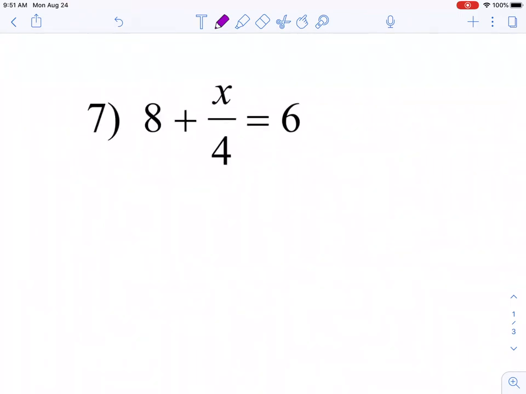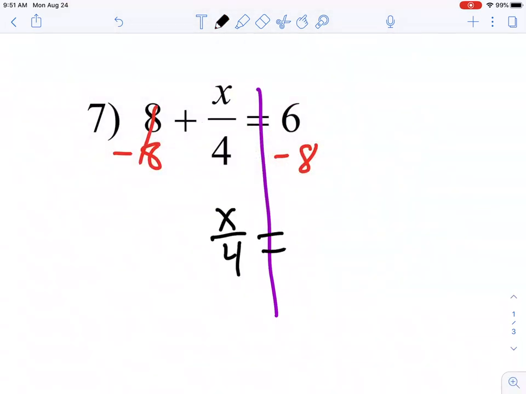Number 7 is a 2-step equation, which means we have 2 steps in order to get x by itself. In the first step, we need to subtract 8. Those cancel out, so that x divided by 4 is equal to, follow our sign rules, different signs, +6, -8, subtract, and keep the sign of the larger number.